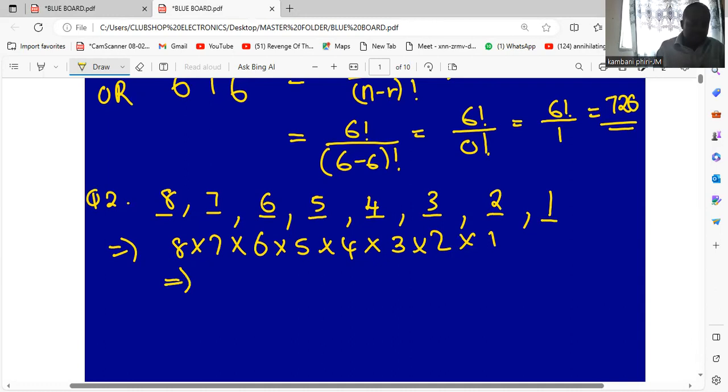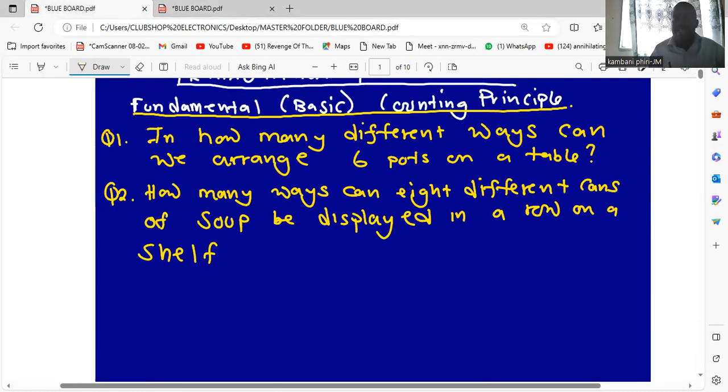So what do we get? We get 40,320 ways of displaying these cans in a row, right?